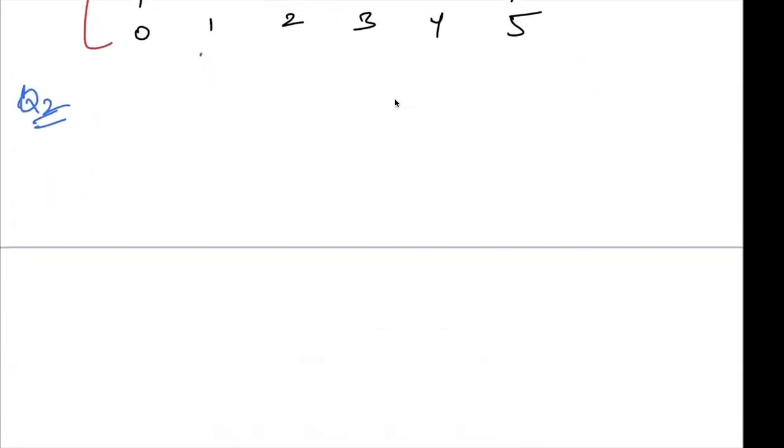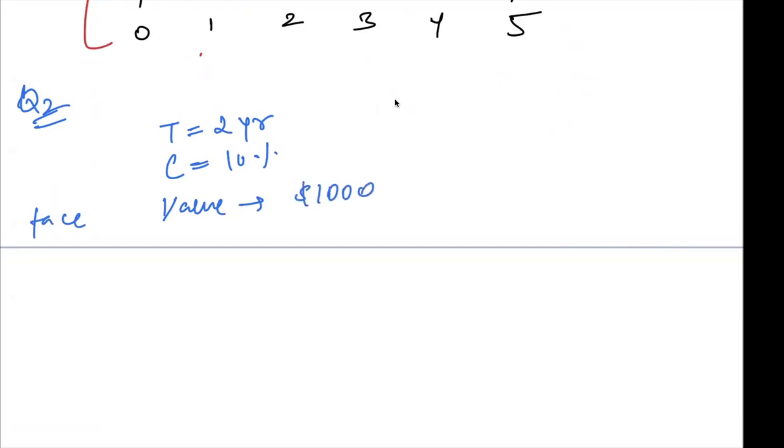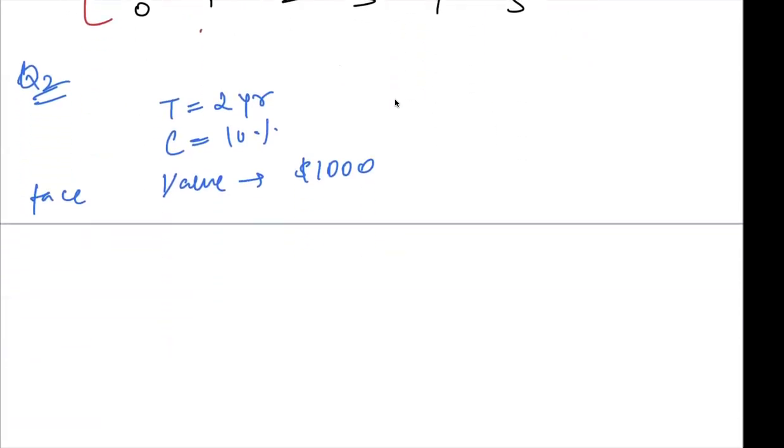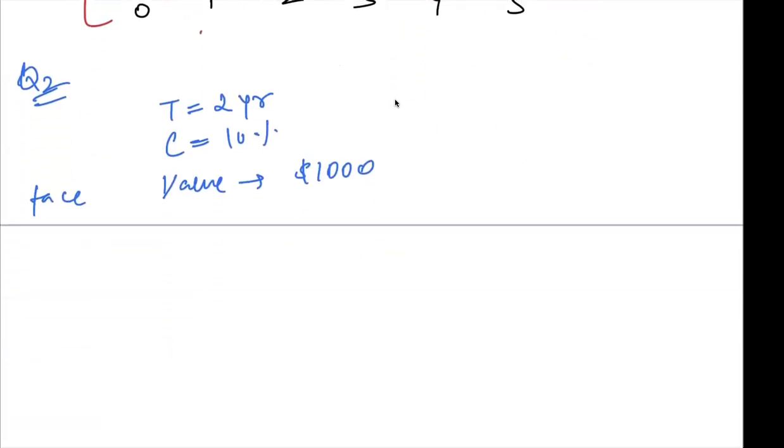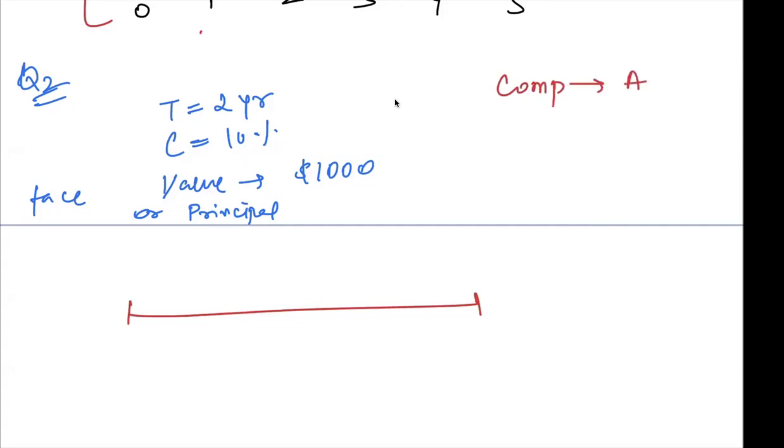Let's say time is 2 years. Coupon is 10%. Your face value, or you can say principal, is $1,000, and compounding is annual.